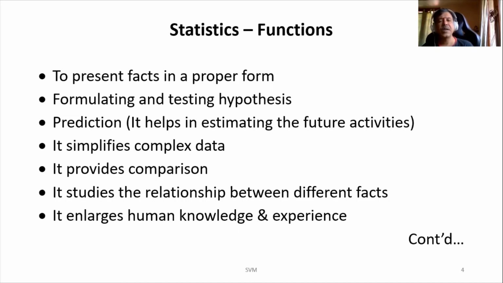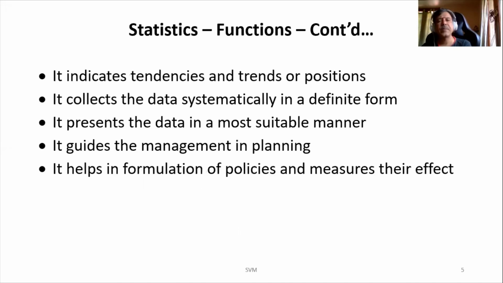All this helps. Even in regression, you have linear and multivariate regression, non-linear regression, etc. Further, it also enlarges human knowledge and experience. It also enables you to find your trend values and determine the trends, the tendencies of the data, how it will go. You are able to forecast those things.